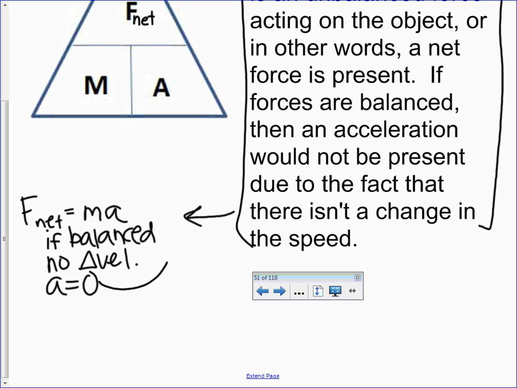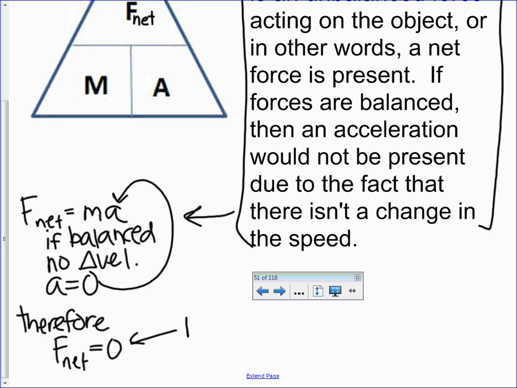And if we substitute this in, acceleration equals 0, that's the zero property, anything times 0 means net force will be 0. And if that net force equals 0, then that means forces are balanced. So really this formula only applies when there's an unbalanced force occurring.